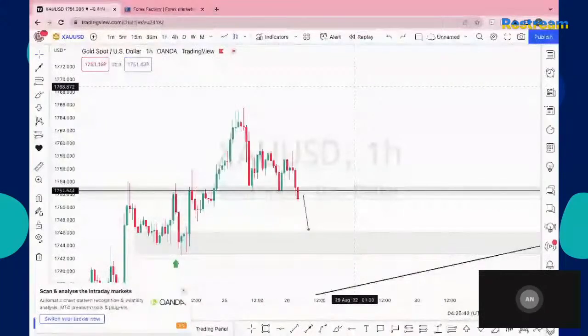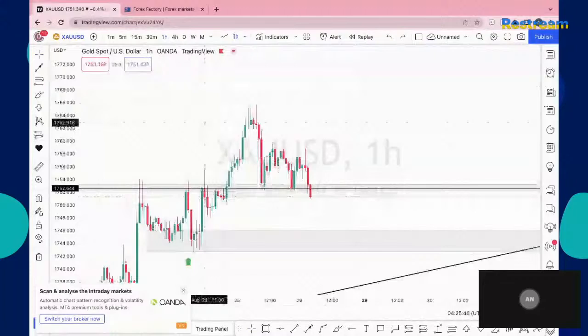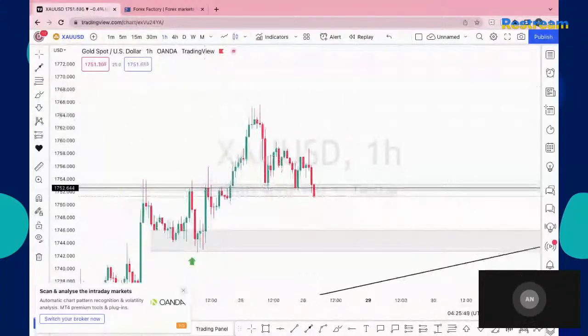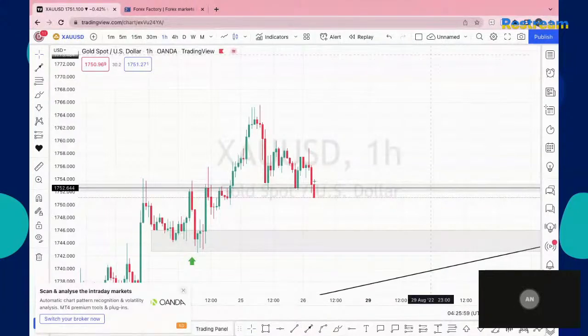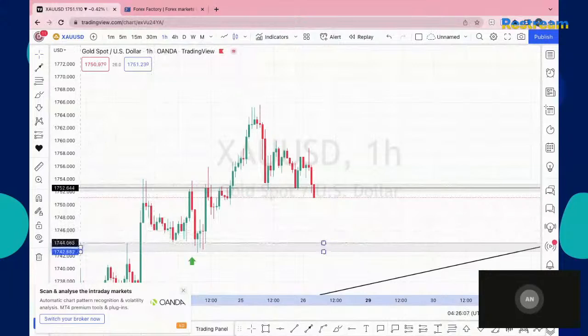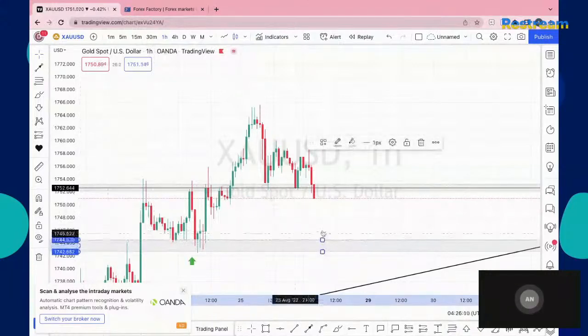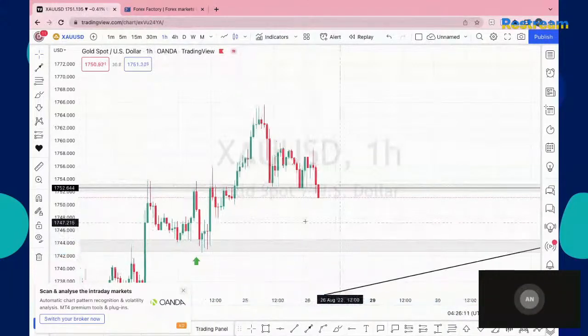You see it on 1 hour. I'm checking it on 1 hour right now. We're on the 1 hour time frame. Looking at the 1 hour time frame, we're adjusting the zone here, this support, according to the time frame.